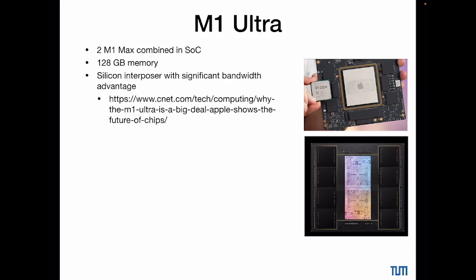There are connections that were already visible when the first die shots came from the M1 Max, located here and here, so that these two M1 Max can communicate. And so basically all the numbers are doubled from what we had before.